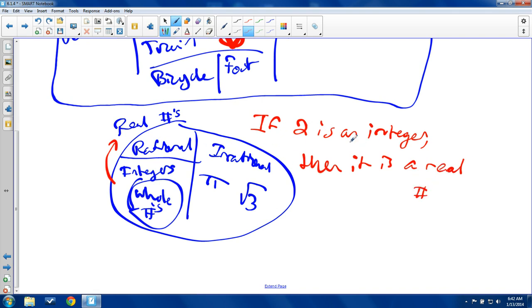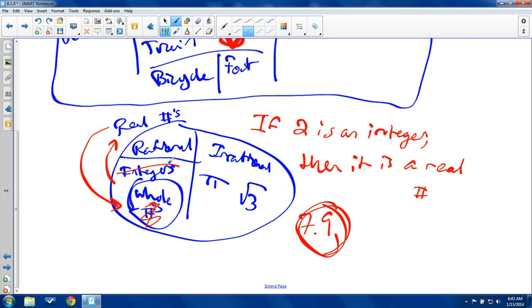However, if I wrote, if 2 is a real number, then it is an integer. In this case, it's true, but it's not always true, right? You have to make sure that you can go from this way to that way. I can't make all real numbers integers, right? 7.9 is a real number, and it's a rational number, but it is not an integer. If it's not an integer, it's not a whole number, etc.